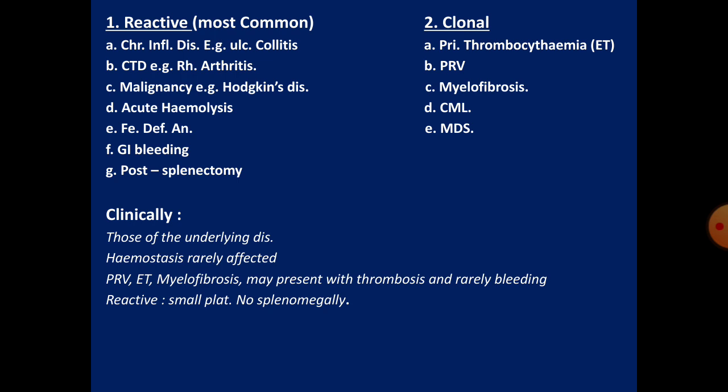So clinically, most of the time, we should look for the underlying secondary cause. In patients with a secondary cause, hemostasis is rarely affected, while those with a myeloproliferative disorder may present with thrombosis or rarely with bleeding. And usually in reactive thrombocytosis the platelets are small rather than giant, and these patients usually have no splenomegaly.